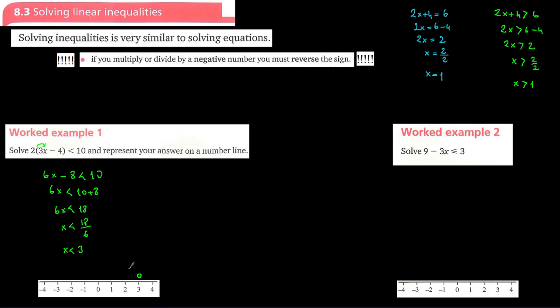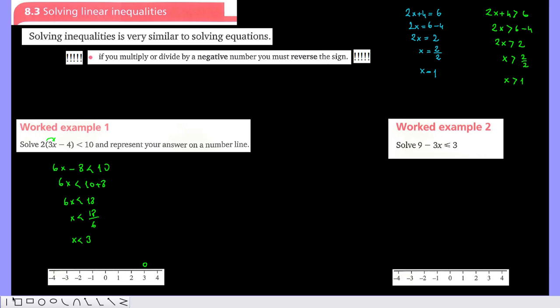If x is on the left side, it means that we are going to draw our line to this side. If I draw to that side, the solution is going to be here. This is the solution. X is less than 3, the line is going to be like this.